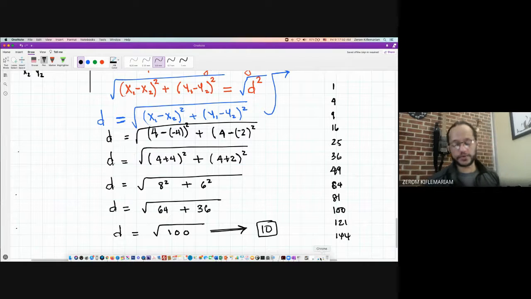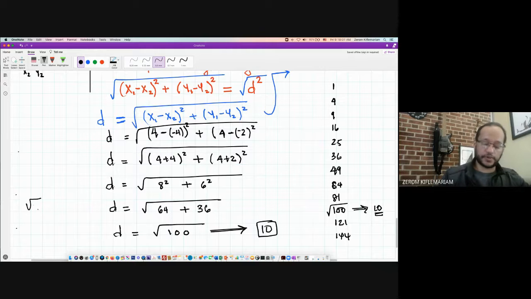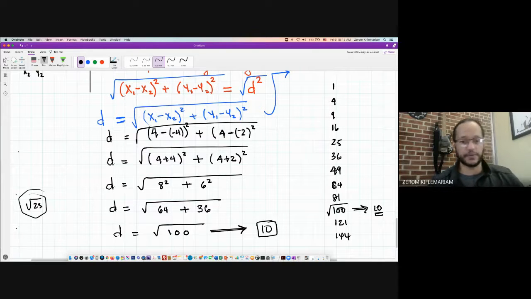If it is any of those numbers, we know they are perfect squares, so we can go ahead and write it down. As an example, the square root of 100, our answer was 10. But if it is not a friendly number, like the square root of 23, then you can leave it as the square root of 23, because it's a decimal number, and we're not looking for a decimal number.